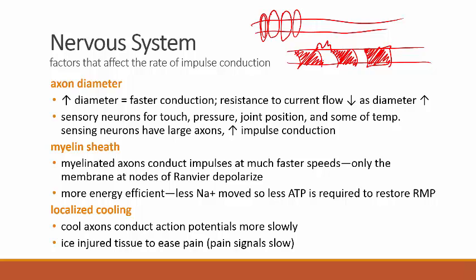This region is insulated, so an action potential is not required, but we do see really rapid conduction of the signal across the myelinated area, and then the next node will undergo an action potential. This propagation pattern, where only the nodes are undergoing an action potential, is referred to as saltatory conduction.